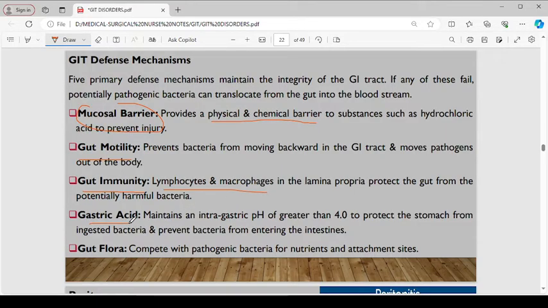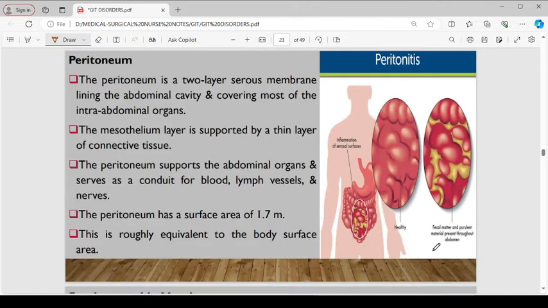Gastric acid maintains an intragastric pH of about 4, to protect the stomach from ingested bacteria and prevent bacteria from entering the intestines. Lastly, we have the gut flora, which competes with pathogenic bacteria for nutrients and attachment sites.